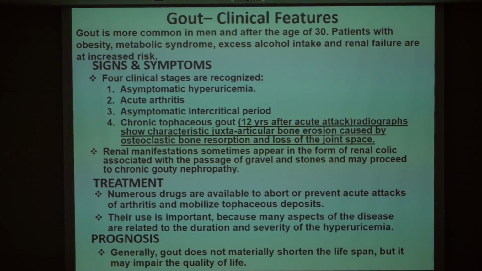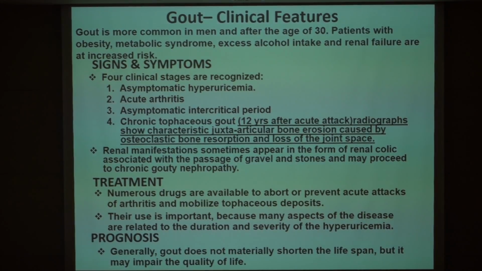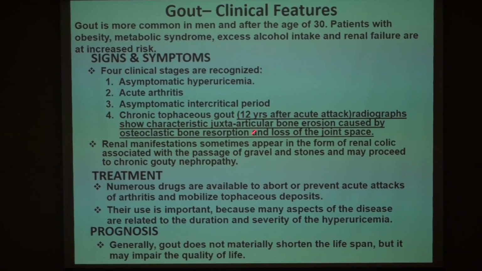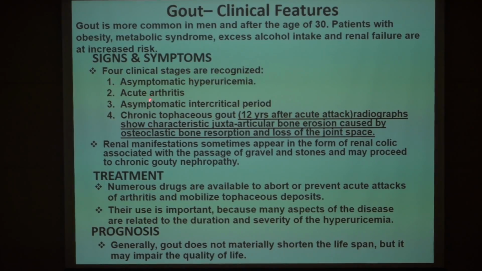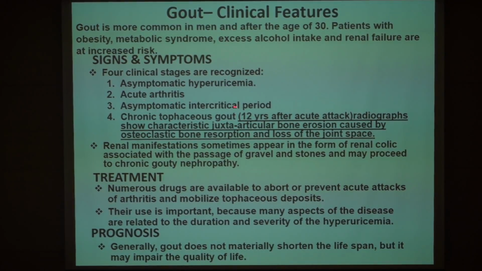Now, remember, having hyperuricemia does not guarantee that someone will go on to develop gout, but it raises the risk that he or she will. We talk about acute arthritis. This is the acute gouty attack, the pain, normally monoarticular, that will normally bring the patient to the physician. Then we talk about the asymptomatic intercritical period, where everything seems to quiet down.